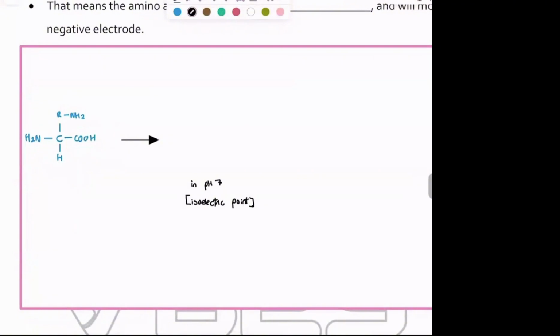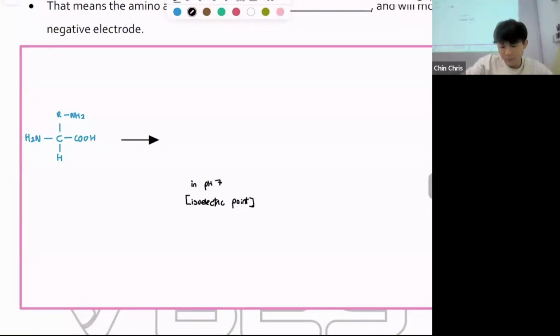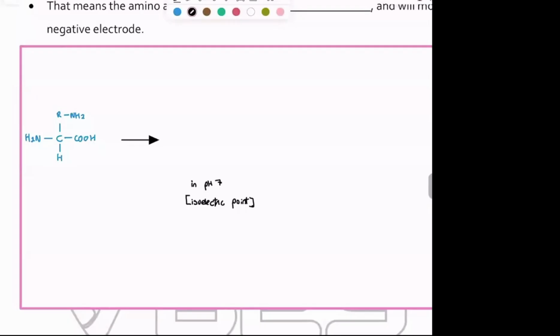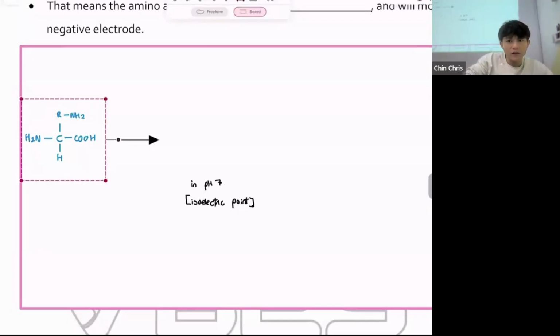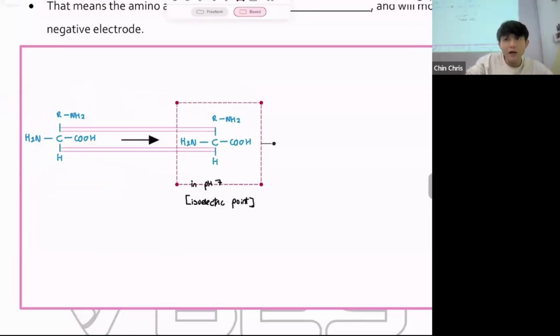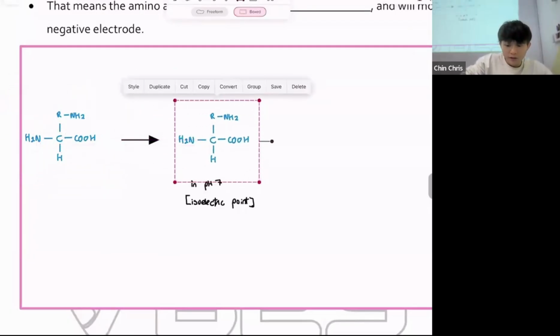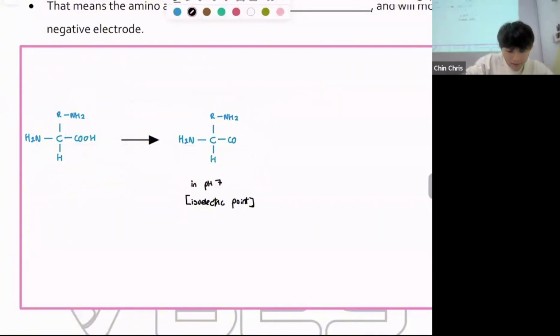At pH 7, isoelectric point. Guys, what is isoelectric point again? So isoelectric point is when a zwitterion is formed, right? So COO minus and the NH3 plus is formed. Clear?